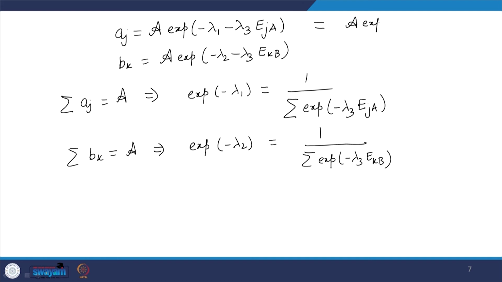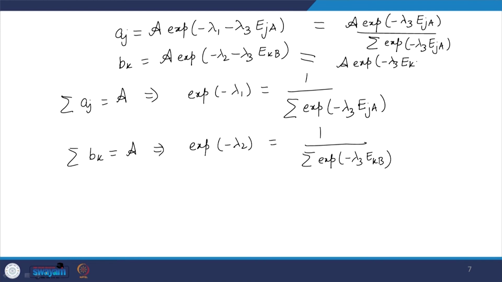A exponential minus λ3 Eja divided by summation of exponential minus λ3 Eja, and this is equal to A exponential minus λ3 Ekb by summation over exponential of minus λ3 Ekb.